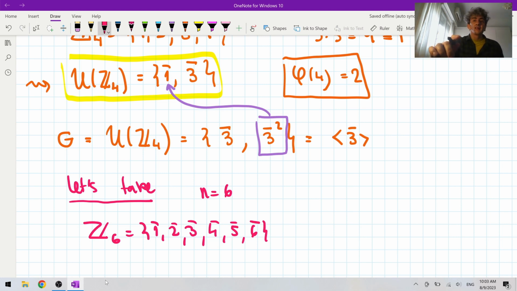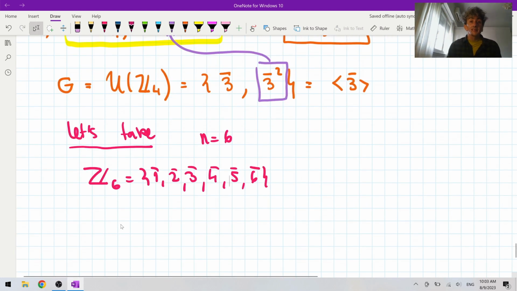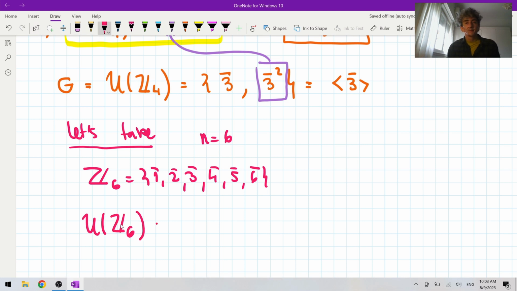Okay, and we are going to need the units of this ring. So we need to discard all the zero divisors. So these two guys are discarded. Then this is also discarded, because the class of 3 times the class of 4, that's the class of 12, and that's the class of 6, that's 0.